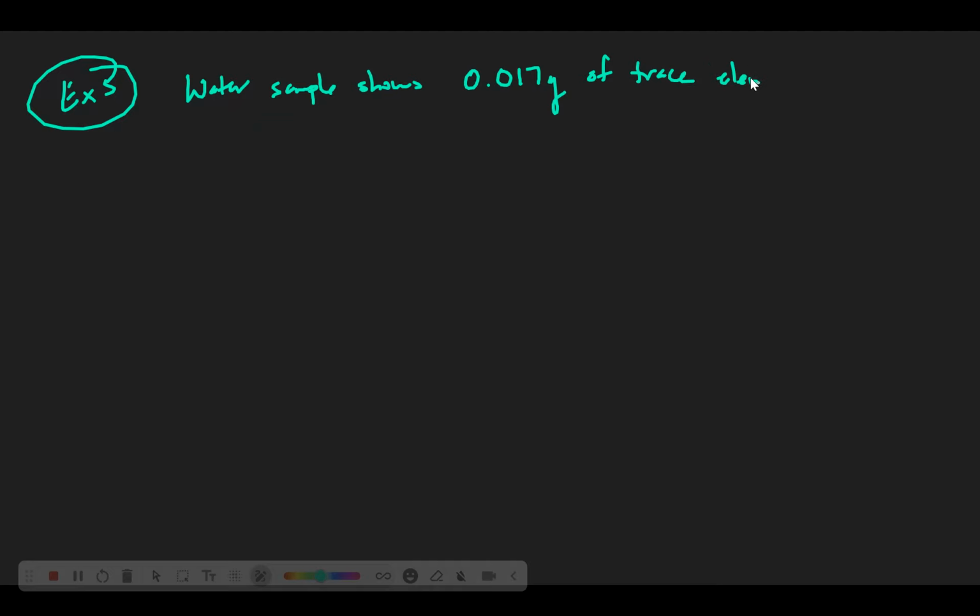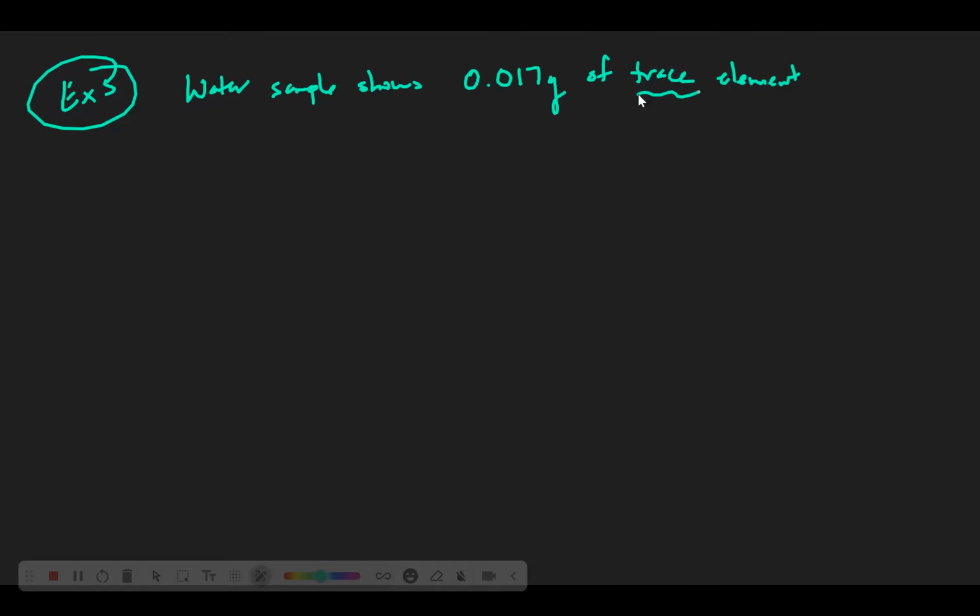Okay, and then last but not least, we're going to do a density problem here. This is your last example, example 5. It says a water sample shows 0.017 grams of trace element.